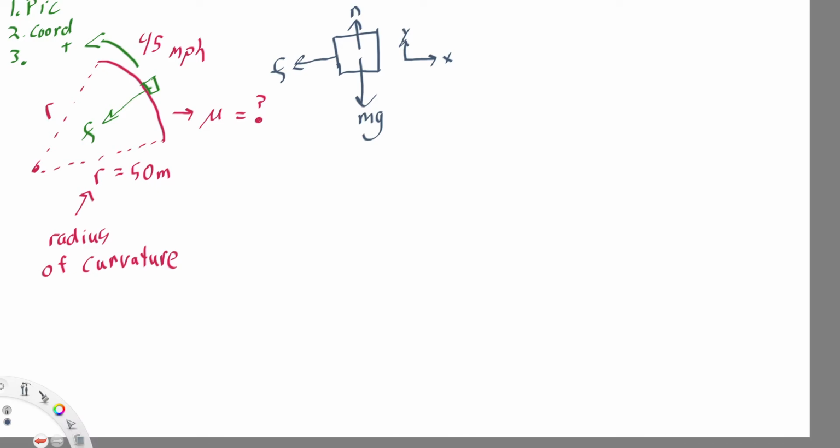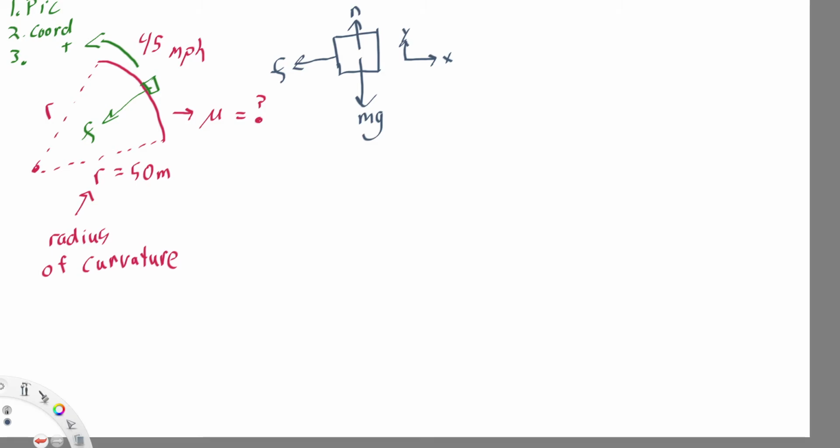So something else has to provide the centripetal force. And in this case, the thing that's providing the centripetal force is the friction of your tires on the road. Oh, so that F is pointing down into the road as opposed to towards the center of the circle?